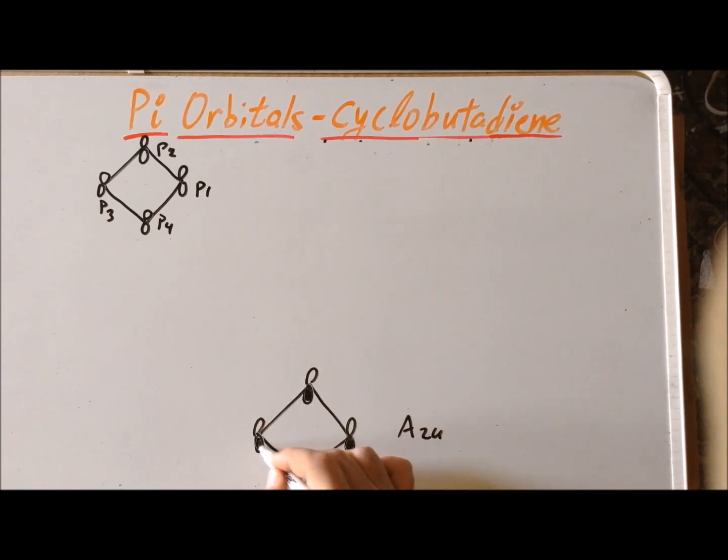So they all have the positive phase up, so to speak. So above the plane of the molecule, it's all positive phase, so that is all bonding. Below the plane of the molecule, they're all negative phase, so again, all bonding. So this is a molecular orbital with no nodes, so this will be the lowest energy of the molecular orbitals.